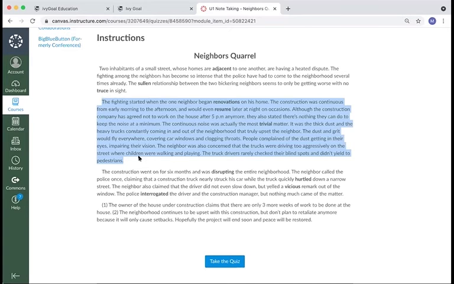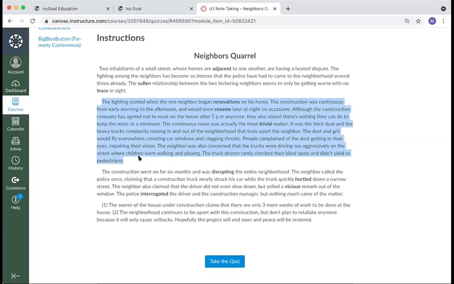The construction was continuous from early morning to the afternoon and would even resume later at night on occasions. Although the construction company has agreed not to work on the house after 5 p.m. anymore, they also stated there is nothing they can do to keep the noise at a minimum.